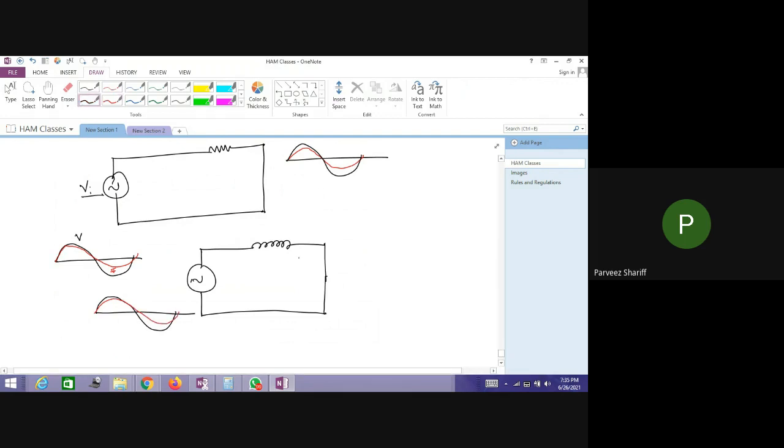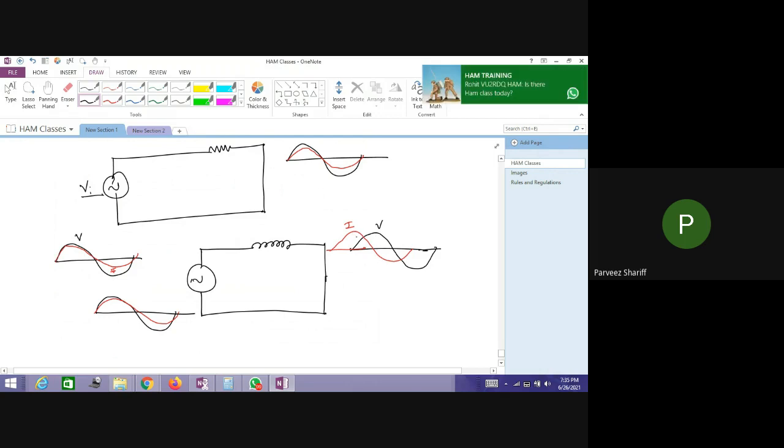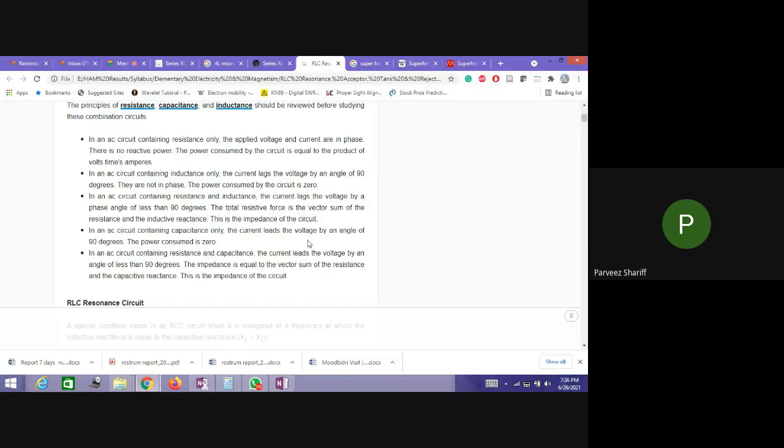But what happens at the output? When it passes through the inductor, if this is the voltage, then the current will lag it by 90 degrees. Something like this we will get. So this is the current and this is the voltage. It means the current lags by 90 degrees, that is, the current is shifted by minus 90 degrees. That is what happens in the inductance.